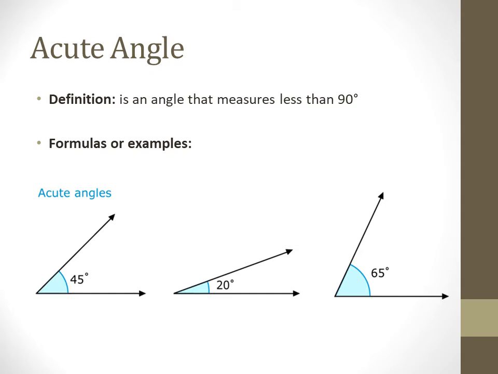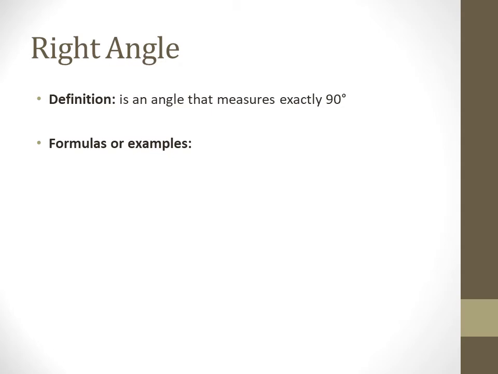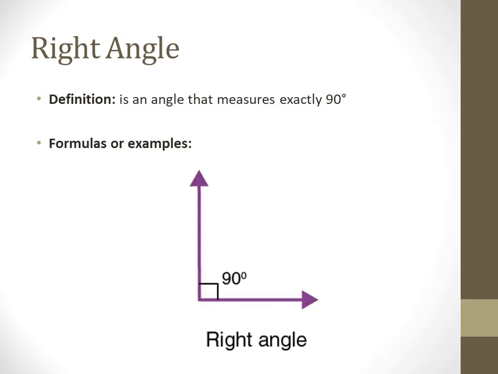Now, if our line continues, we get to a right angle. A right angle is an angle that measures exactly 90 degrees. Exactly 90 degrees. There you see it.